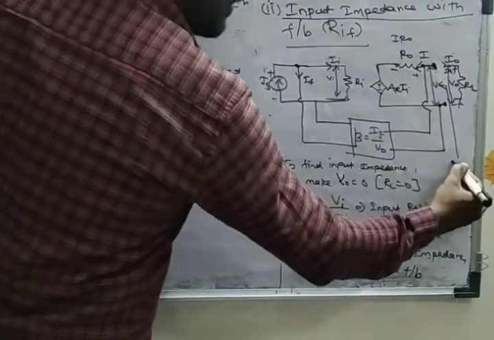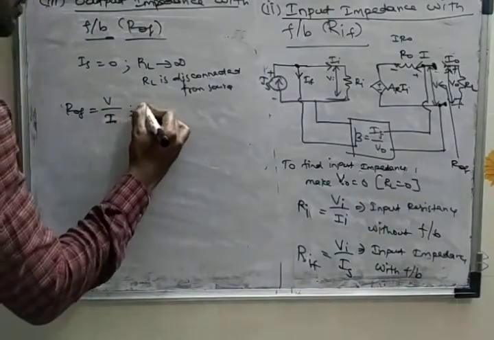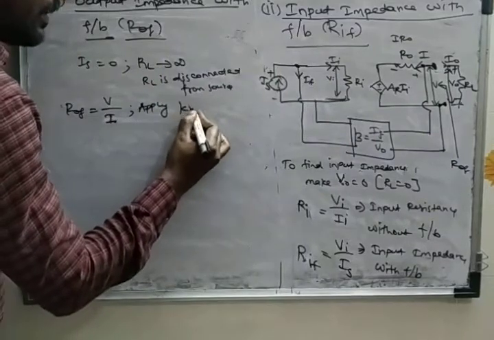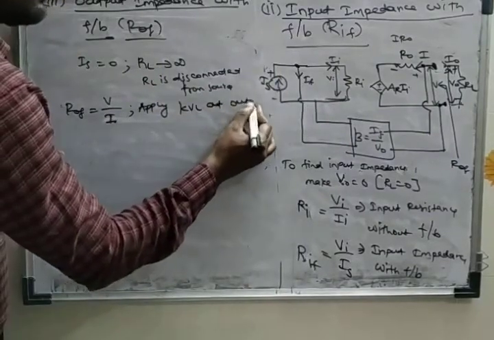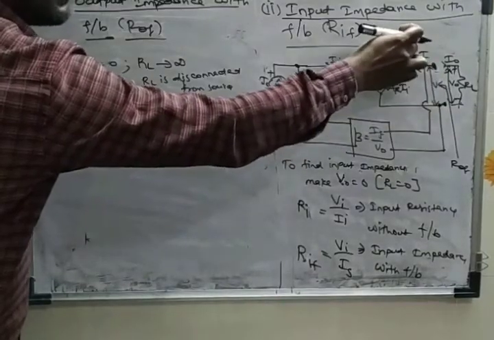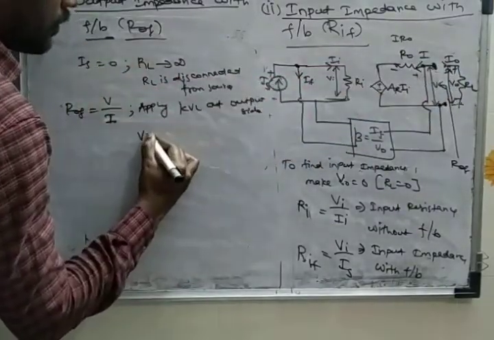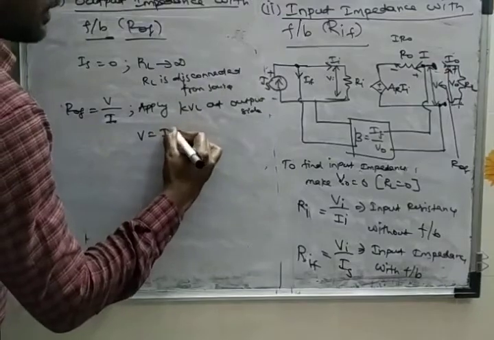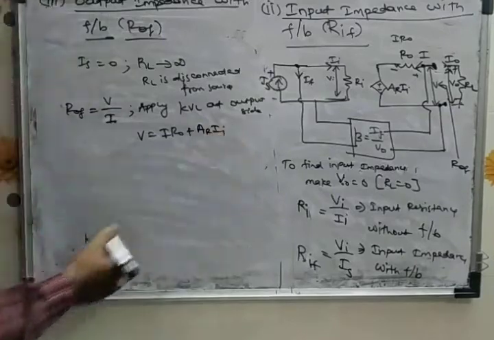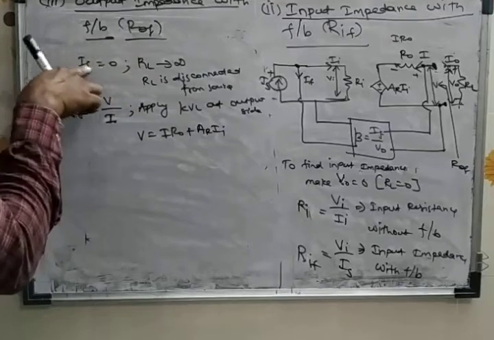Here we are using voltage sampling, so apply KVL at the output side. You have three voltages: V, I R0 and AR IA. So V is equal to I R0 plus AR IA.